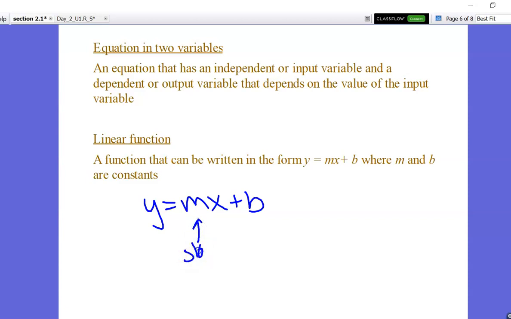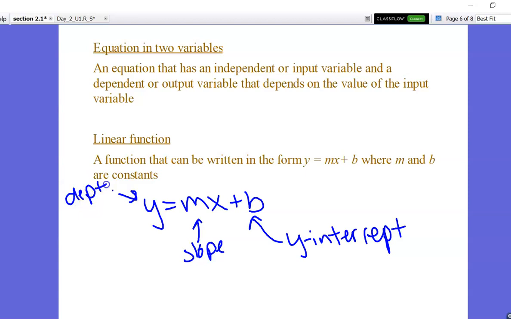M always represents our slope. B always represents our y-intercept. Y is the dependent variable, and x is the independent variable.